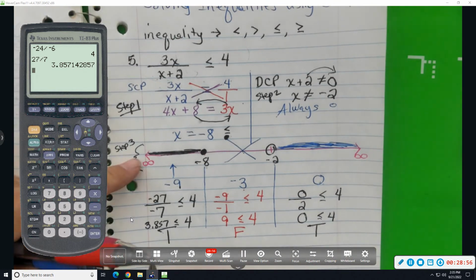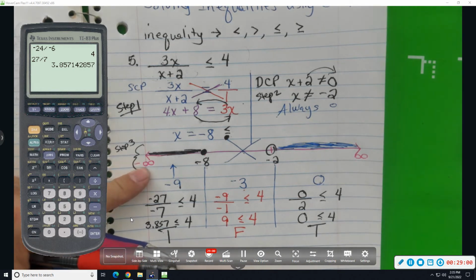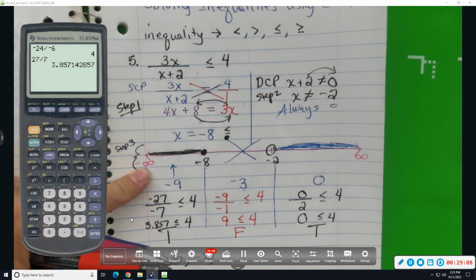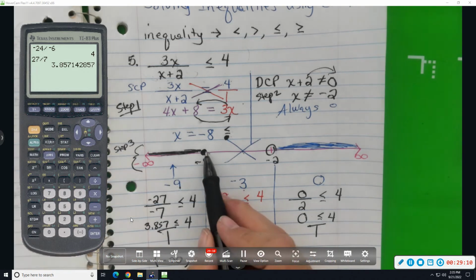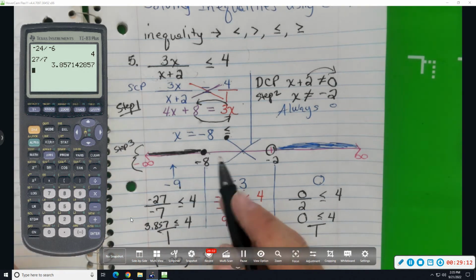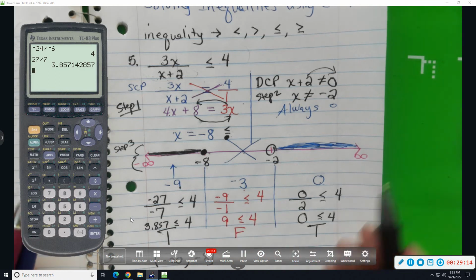We would go parentheses, negative infinity, comma, negative 8, square bracket. Remember, closed circles have square brackets. Open circles and infinities have parentheses.